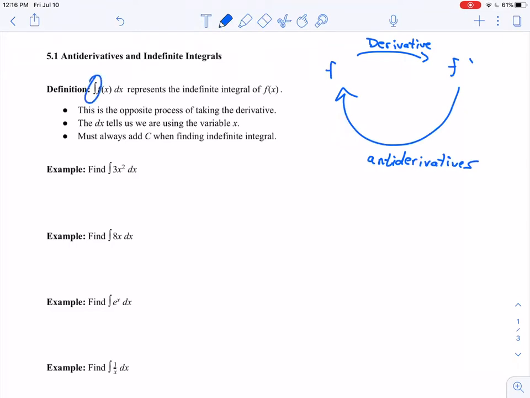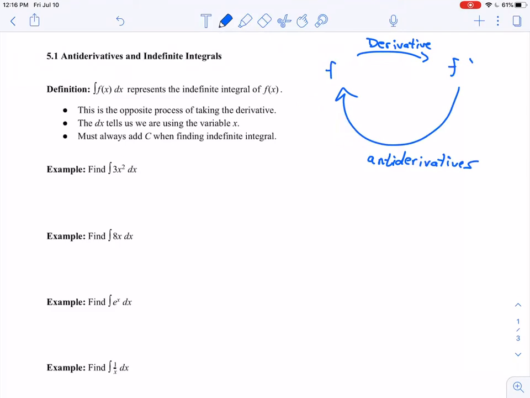This is the integral. This says the integral of f of x dx represents the indefinite integral or the antiderivative of f of x. Like we said over here with our chart, this is the opposite process of taking the derivative. It turns out that antiderivatives are much more complicated than derivatives, a much more difficult process. But we're going to focus on some relatively simple ones.